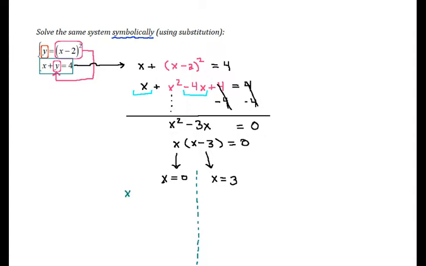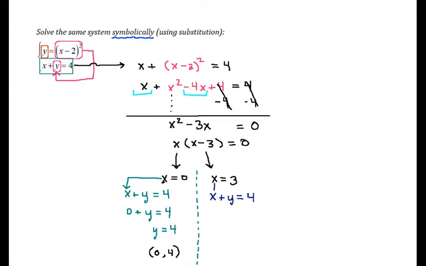So if x plus y is equal to 4 and x is 0, that gets me 0 plus y equals 4, and therefore y equals 4. So my ordered pair would be (0, 4). Over here on the right hand side, I've got the same x plus y equals 4.